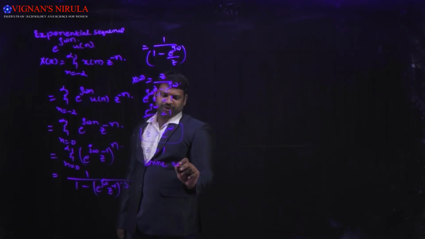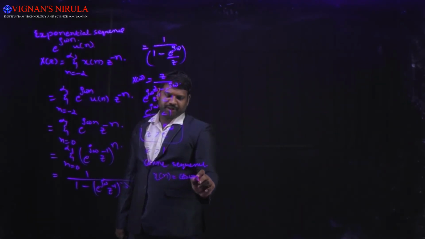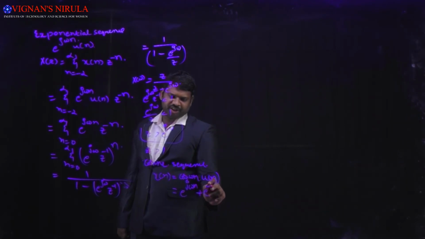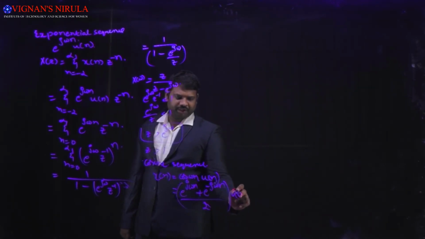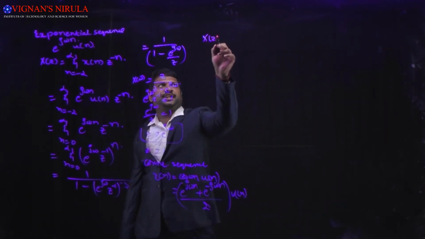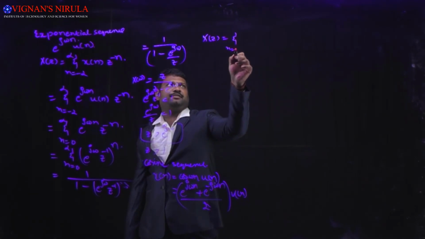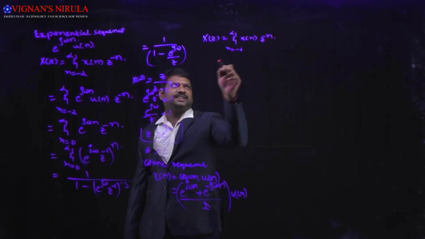Cosine sequence. The cosine sequence x of n will be written as cos of omega n into u of n, that is e power j omega n plus e power minus j omega n by 2 into u of n. Therefore, its z transform is X of z equal to summation n varies from minus infinity to infinity x of n z power minus n.